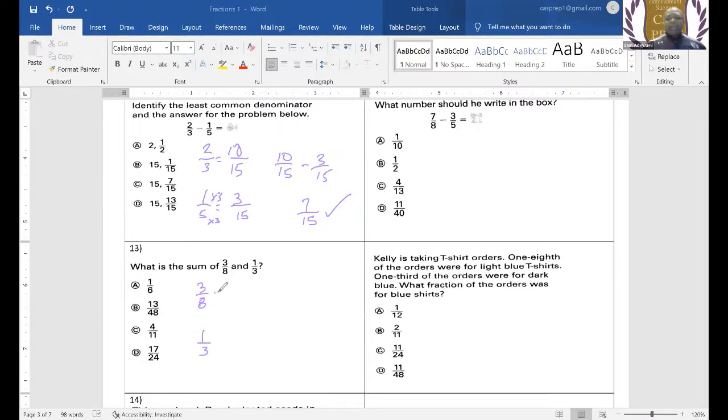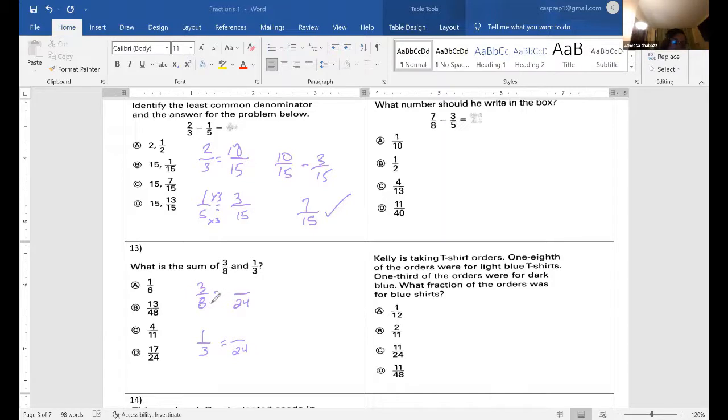So someone tell me what's the common multiple of 8 and 3? Ash, I still didn't hear it. Oh, 24, thank you. All right, so each of these will end up being something over 24.